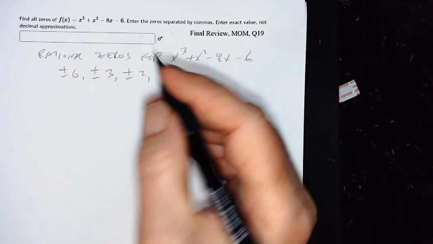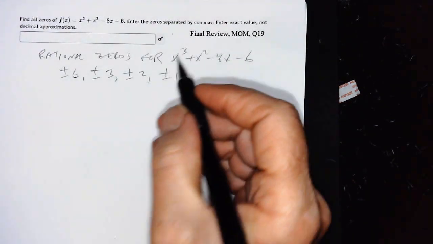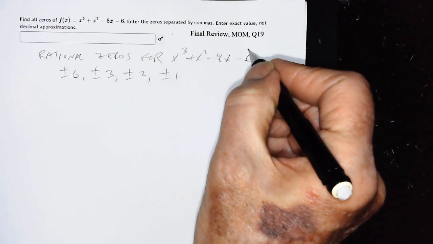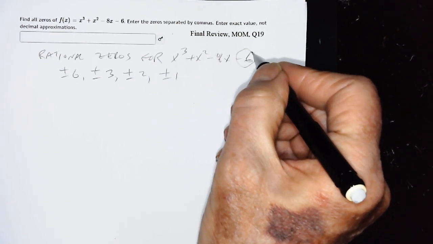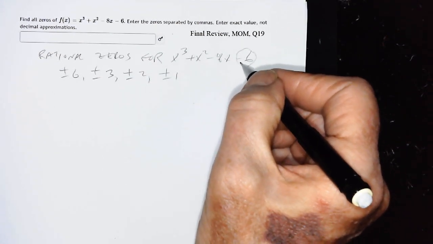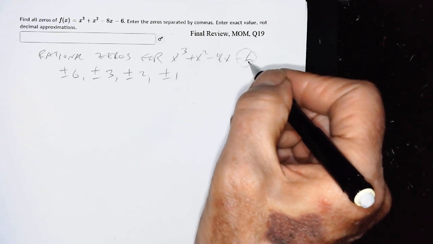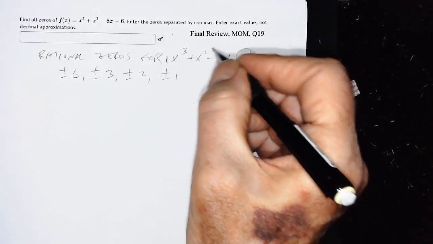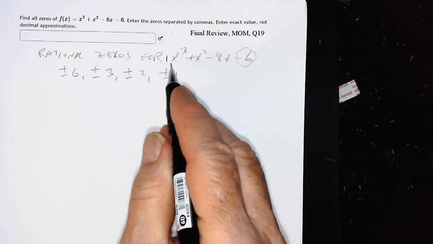was to form the ratio between the constant term, which is a negative 6, and the coefficient of the leading term, which is a 1.